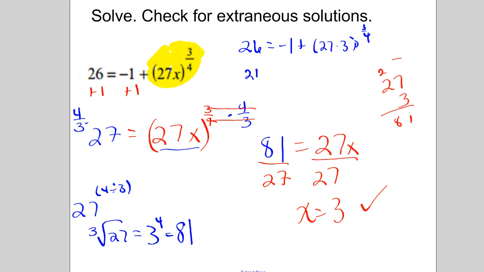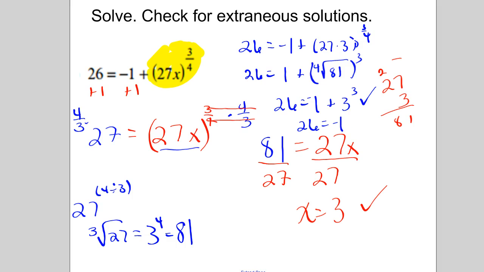So does 26 equal 1 plus, I need the 4th root of 81, and I need to cube that. So does 26 equal, oh, that's a minus 1, plus 3 cubed? It does. 26 equals negative 1 plus 27. So this is a good answer. Okay? All right, let's try another one.